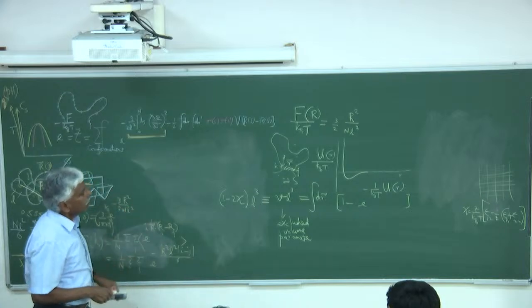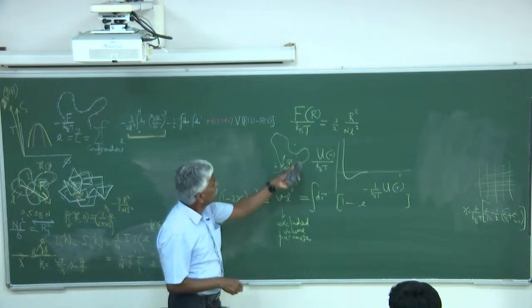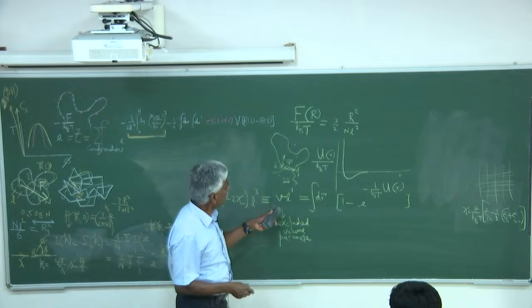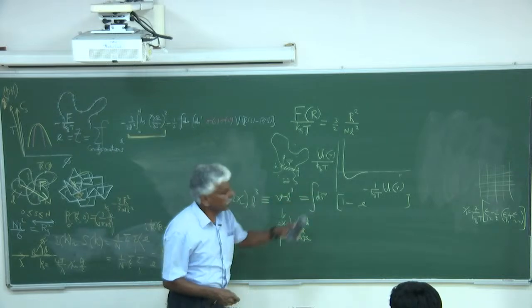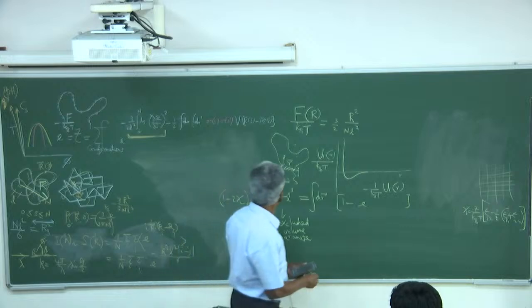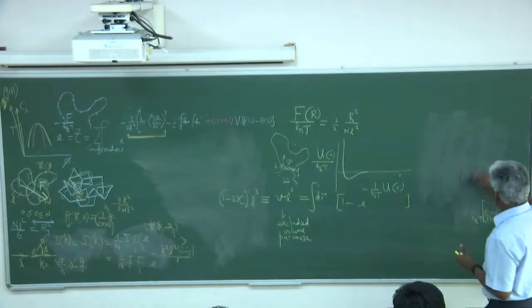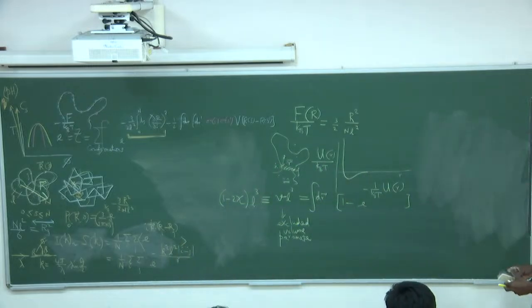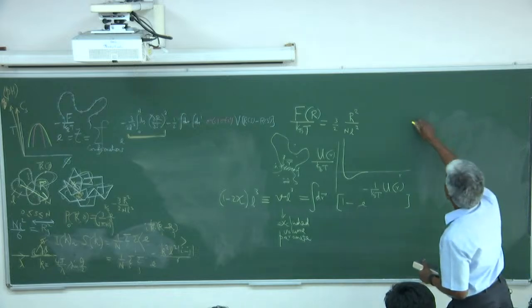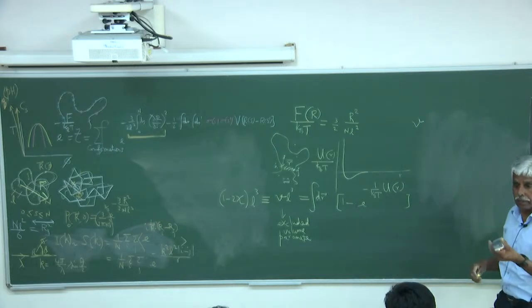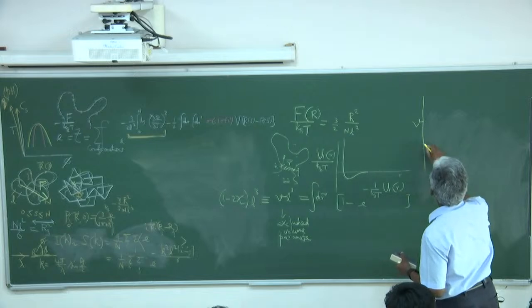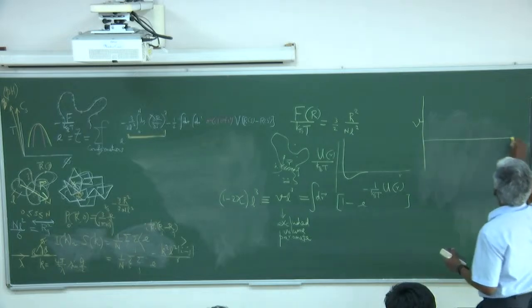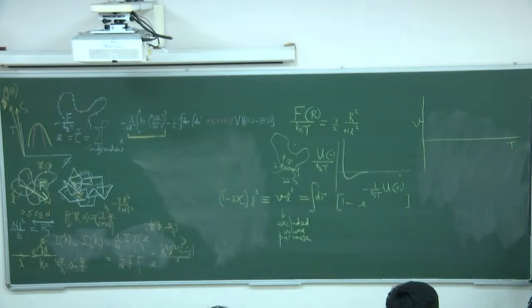If the temperature is very high, I have 1 over temperature, so this is small. If this is small, e to the minus something is nothing, so this is going to dominate. Or the other way to look at it: if the temperature is very high, only the repulsive potential is going to be felt, because it's like a gas instead of a liquid.